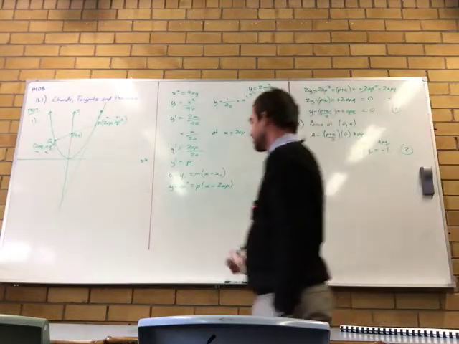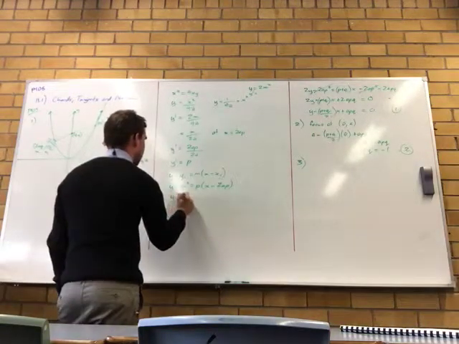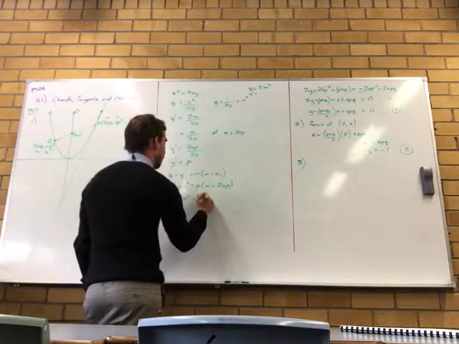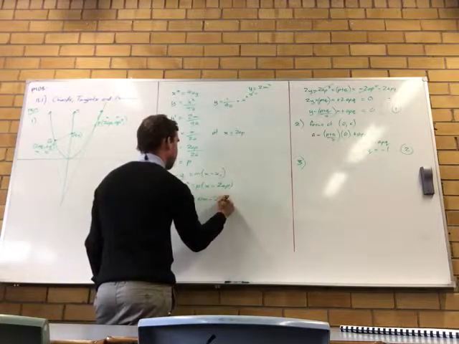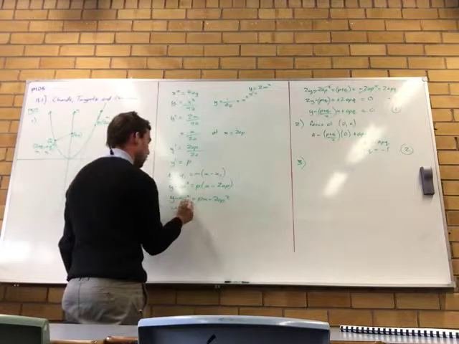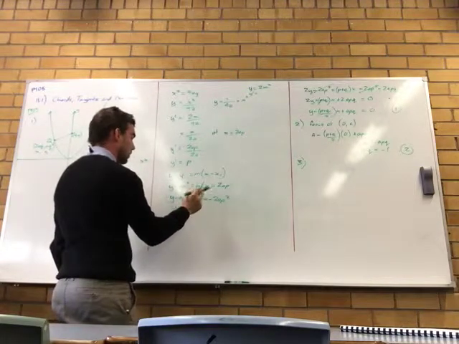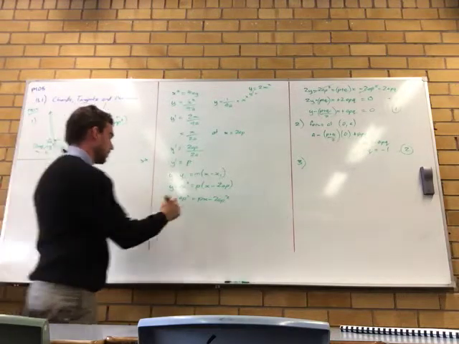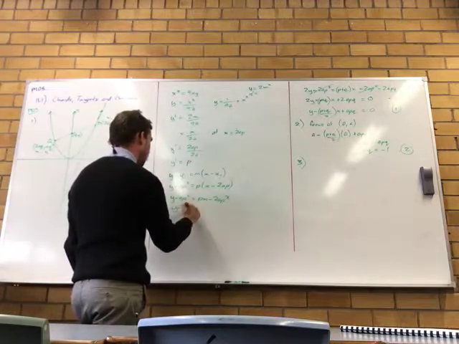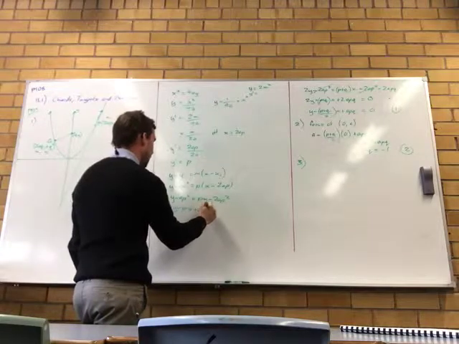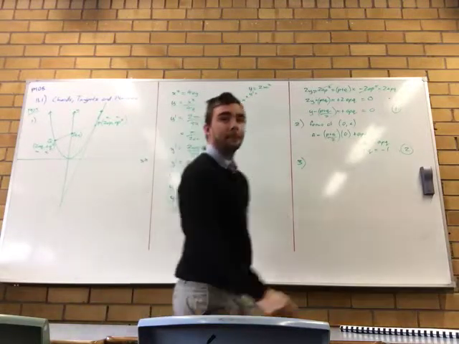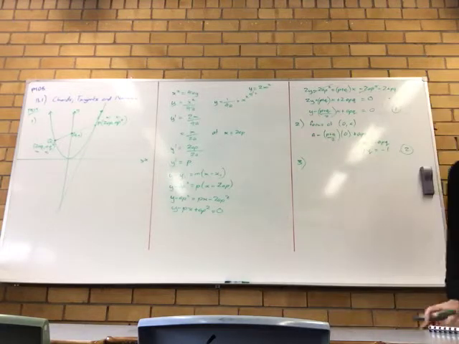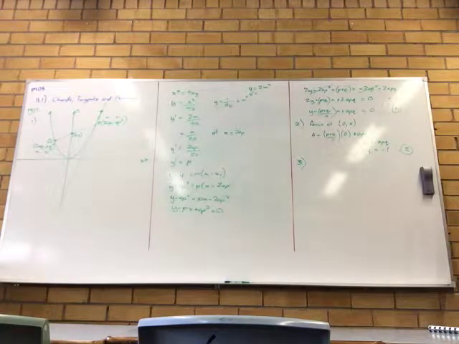Y equals px... wait, it's 2ap. Y take away px plus ap squared is 0. So that is the equation of the tangent at the point P on the parabola x squared equals 4ay.